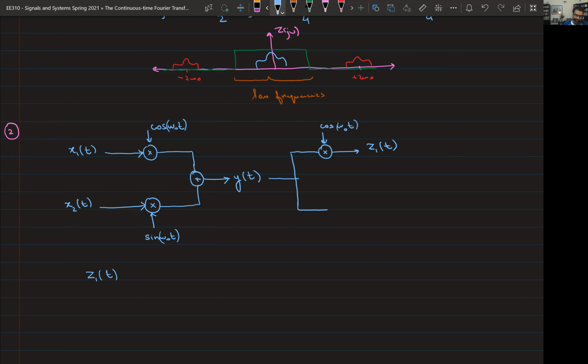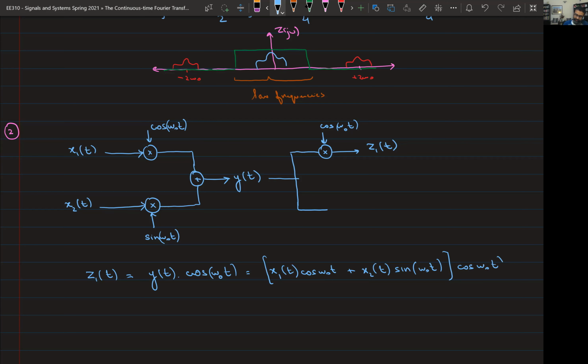So z1 of t is y of t times cosine omega naught t, and y of t is equal to x1 of t cosine omega naught t plus x2 of t sine omega naught t, times cosine omega naught t.